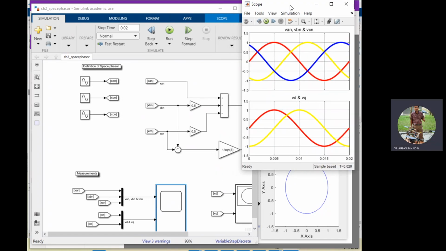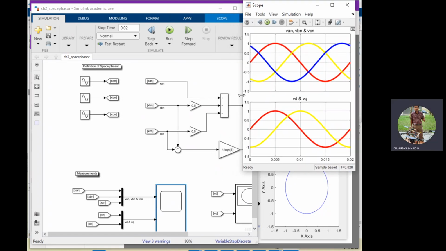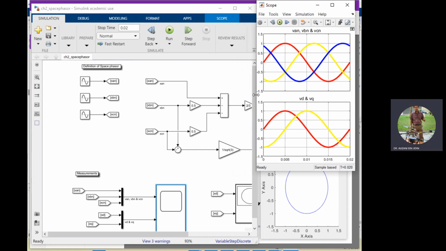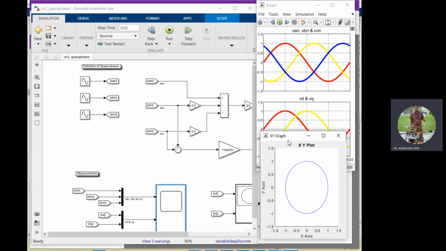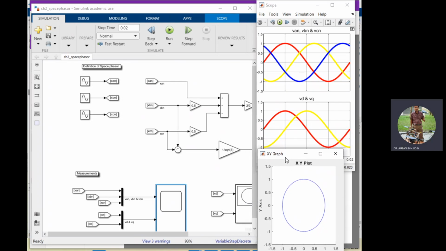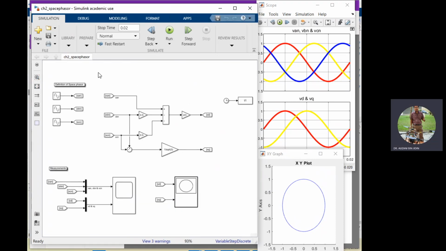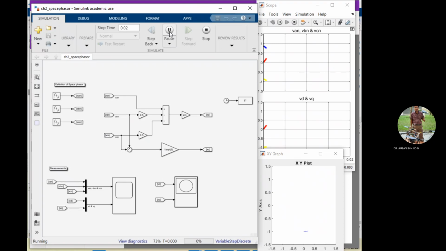This is the waveform. We try to relate the relationship between the 3-phase and 2-phase, and from the 2-phase to plot the locus. Okay, I run the simulation again. You can see that I continue to run.